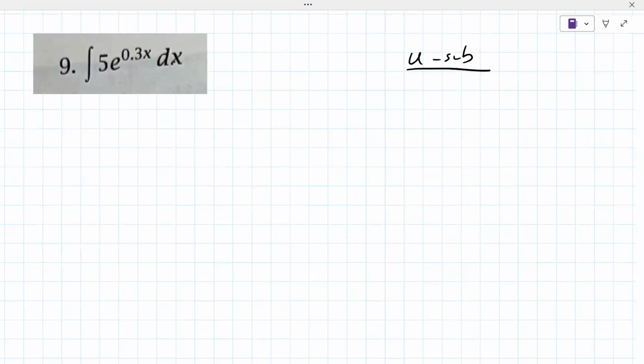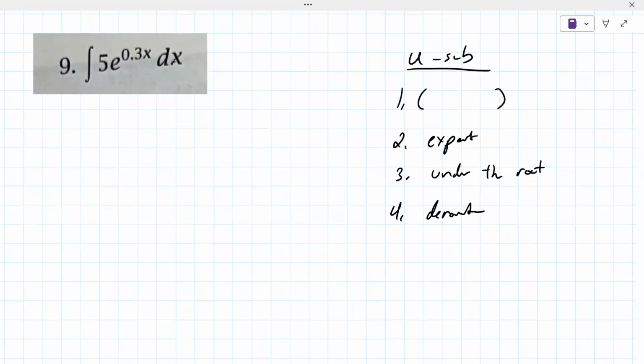It's often in parentheses. It could be an exponent. It could be what's under the root. What's in the denominator? I don't know. There's others. So the answer is you do a bunch of problems and you figure out what it typically is.